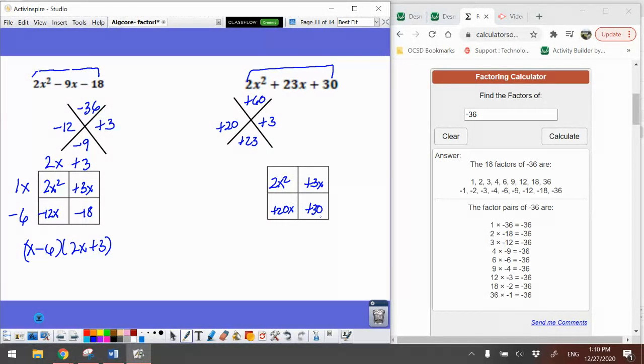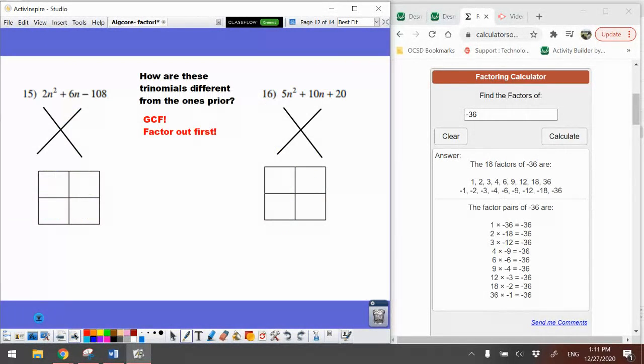Okay, so 20 and 30. Well, I can take out a 10. So positive 10. 2x squared, 3x, that's just going to be a 1x. This one I'm going to be able to take out a 2x because 2 goes into 20, and 3x and 30, that's a positive 3. So my answer is x plus 10 and 2x plus 3.